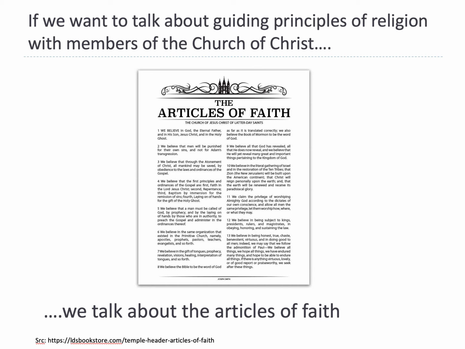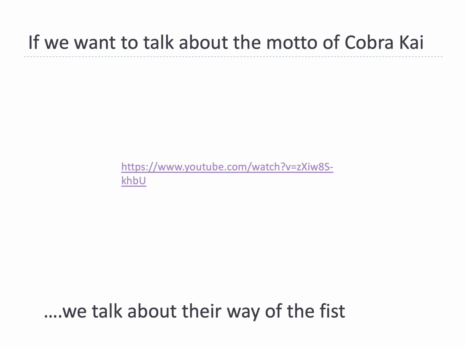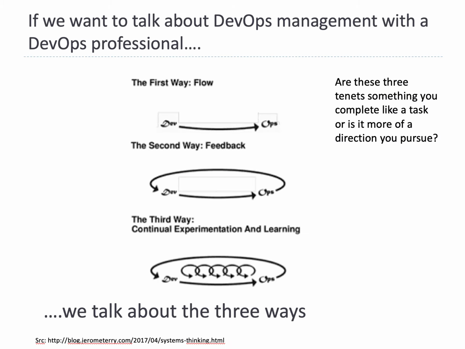If you talk about a member of the Church of Jesus Christ of Latter-day Saints, one way they frame their world might be the Articles of Faith. And if we have Cobra Kai, and if we were live, I would play the video, and what's the way of the fist? Something like strike hard, strike fast, no mercy, sir.